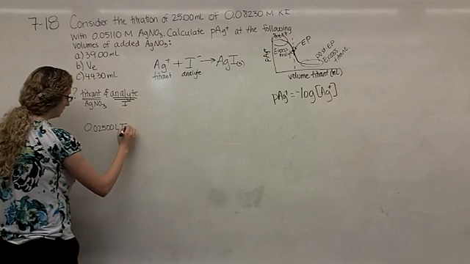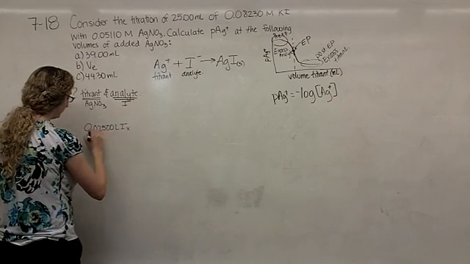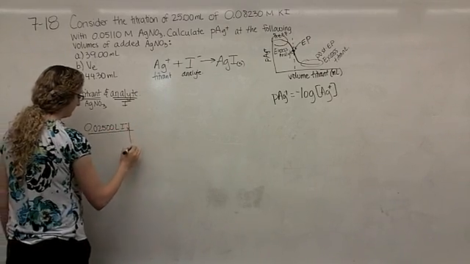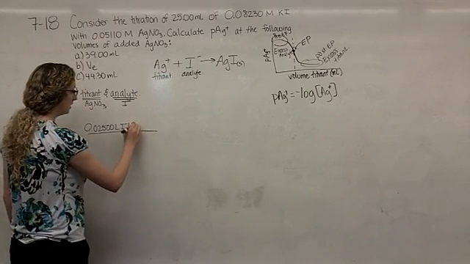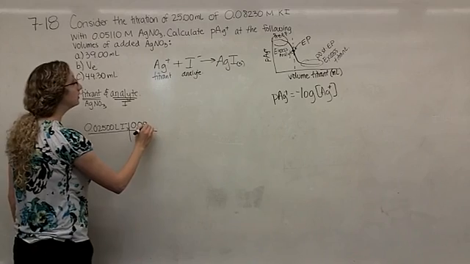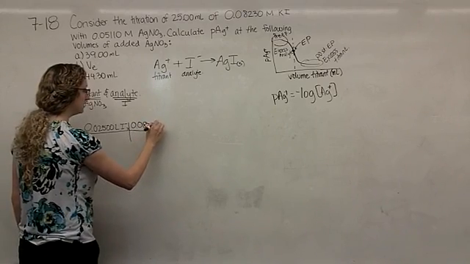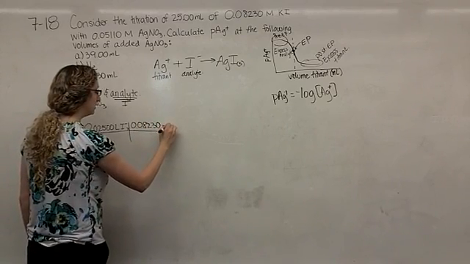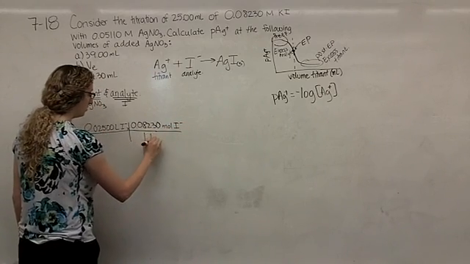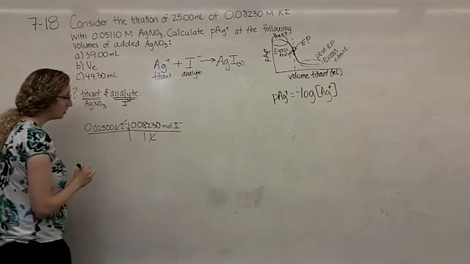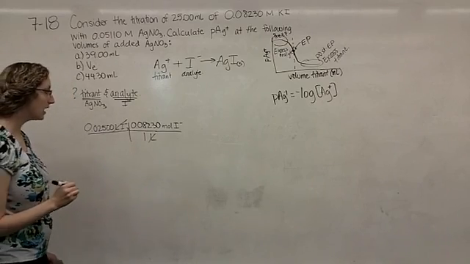Then you are going to multiply it by the concentration. We have 0.08230 moles of iodide per 1 liter, so liters cancel out. Now we have moles of iodide.